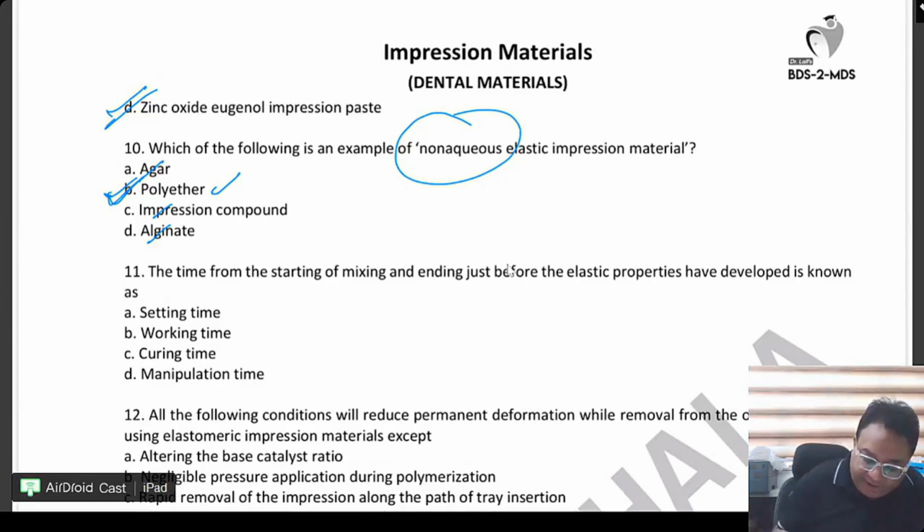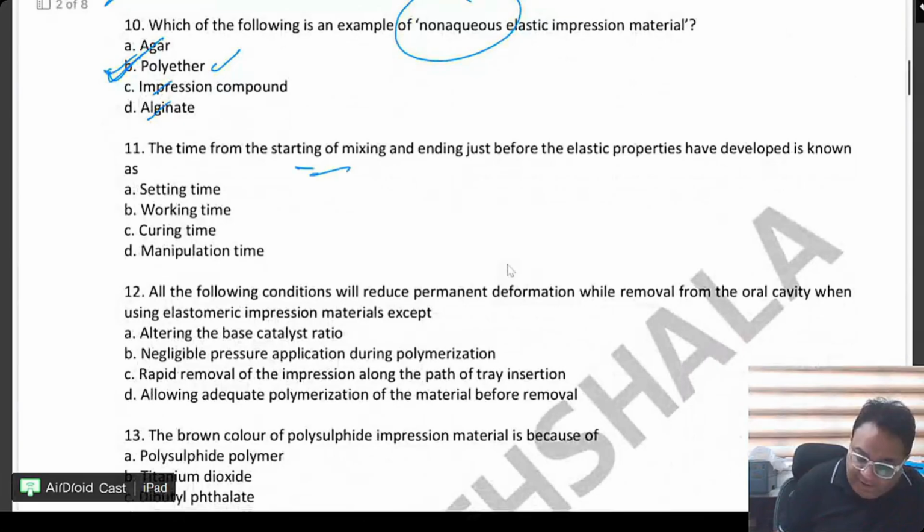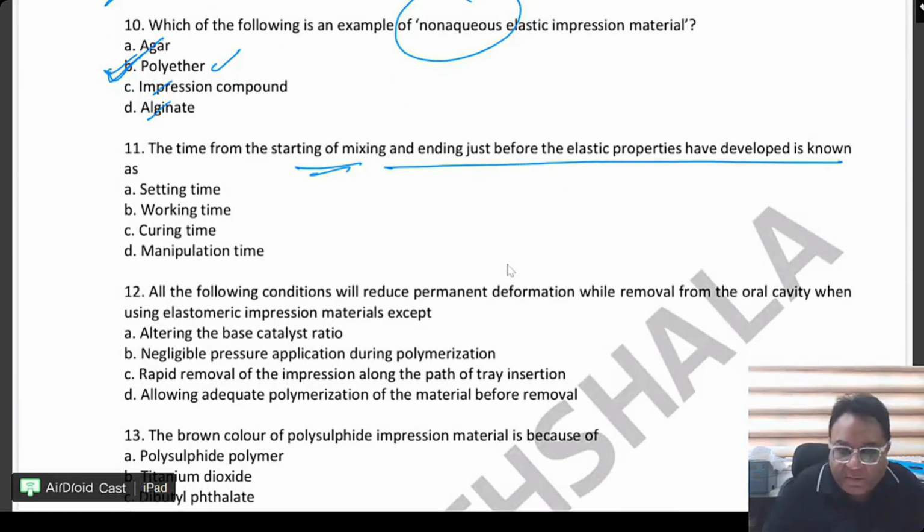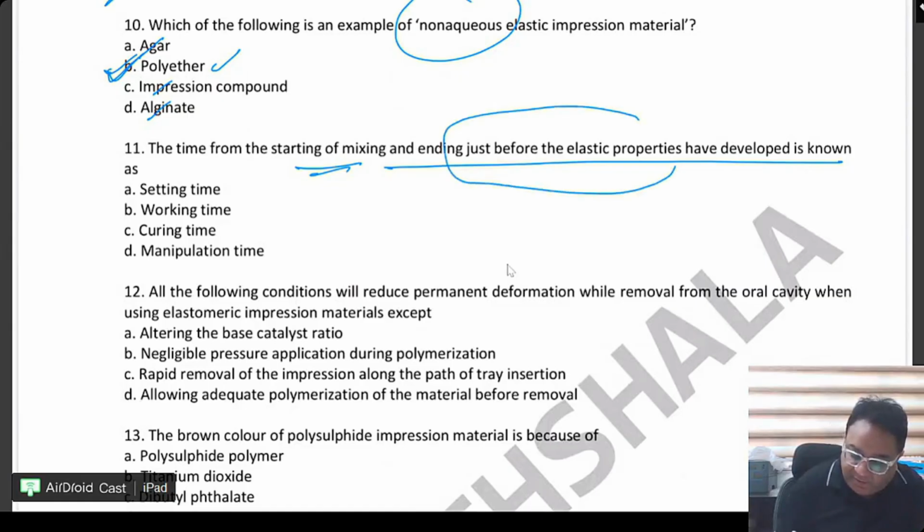Time from the start of mixing and ending just before the elastic properties have developed. This is what? Just before elastic properties is working time. We have done this, I think, in the last class also, in the first class, cements.